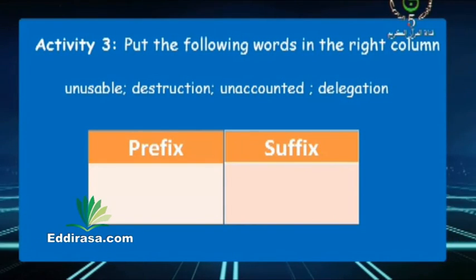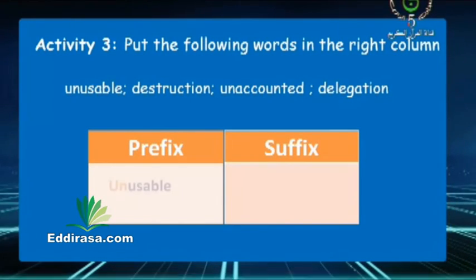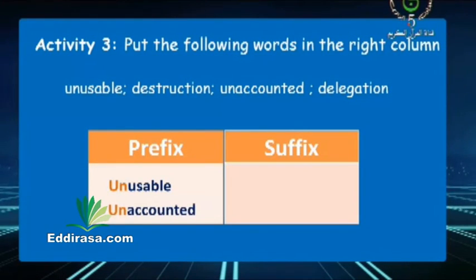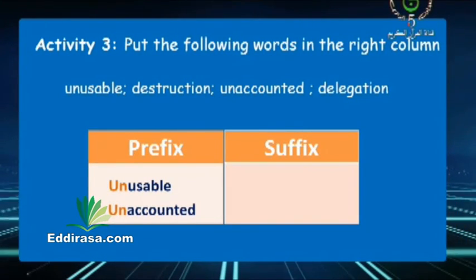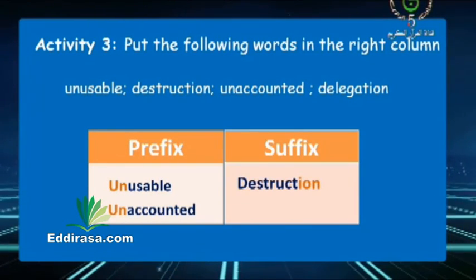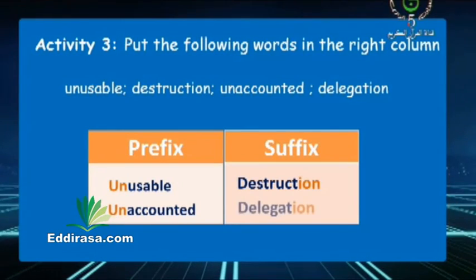Okay? So for words that start with a prefix, we have 1, unusable, number 2, unaccounted. And for words that end with a suffix, we have 1, destruction, number 2, delegation.